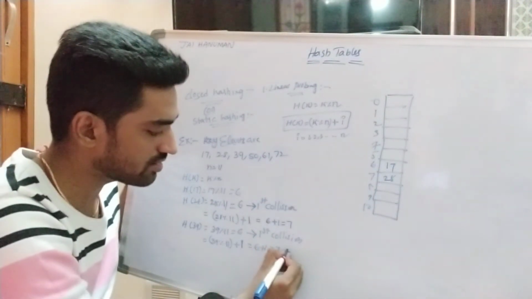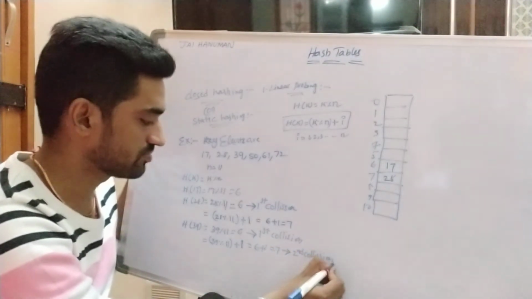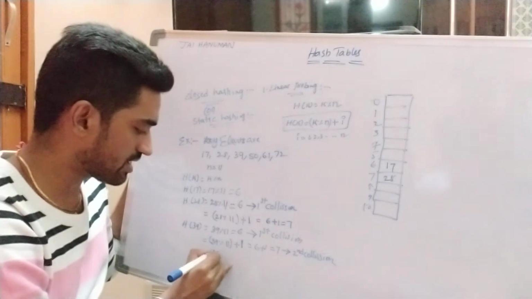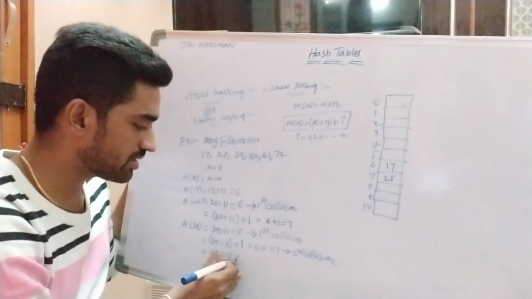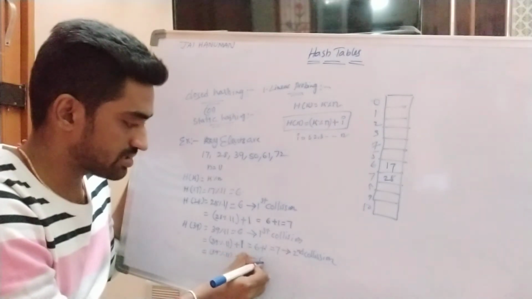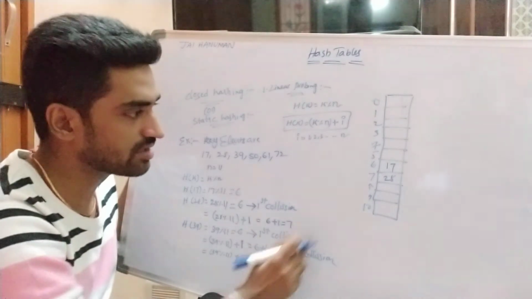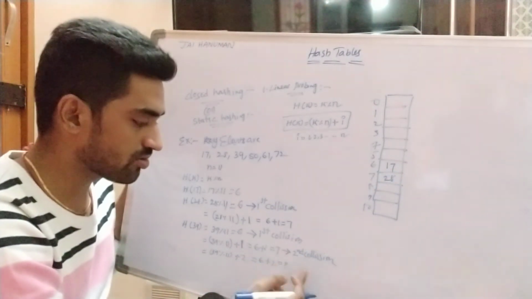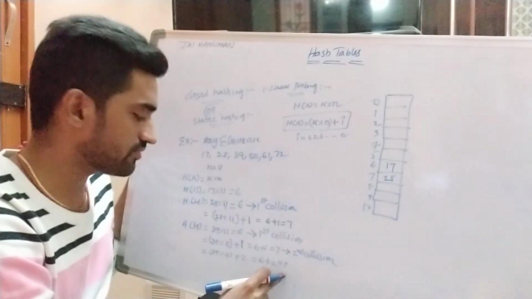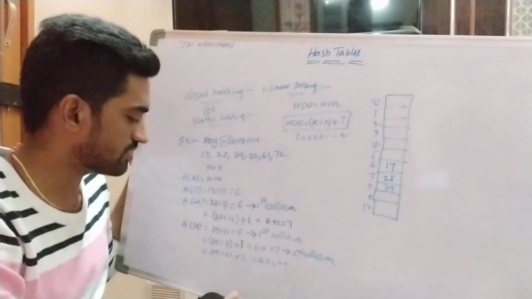So here second collision is occurred. Again we apply linear probing. 39 modulo division of 11 plus what is the next i value? 2. 6 plus 2 is equivalent to 8. So 8th position is vacant position, so there is no collision. That's why the 39 key element is inserted at which position? 8th position. So here I am inserting 39.